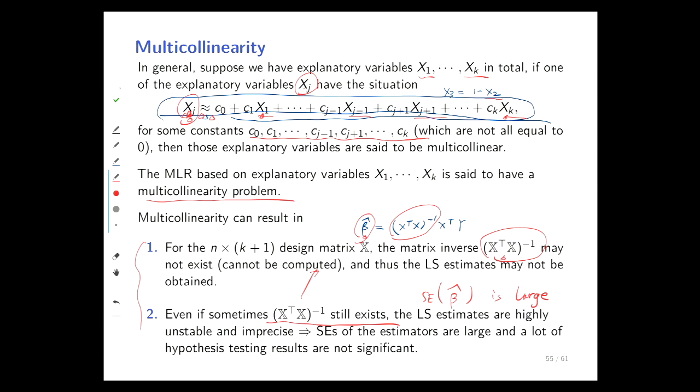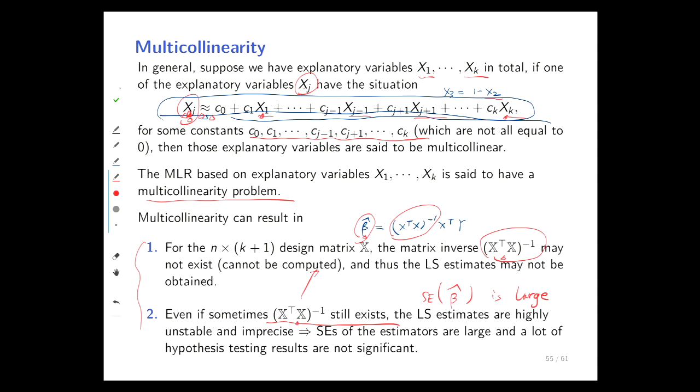The second problem is that even if sometimes this matrix can still be computed, the standard errors of the estimations are very large. In that case, the estimation is not accurate and stable, so we always have the insignificant result.